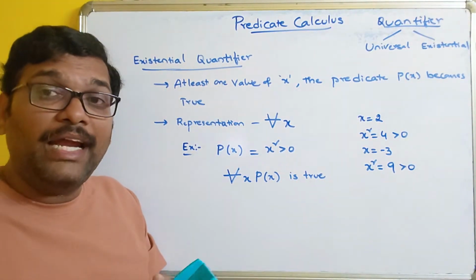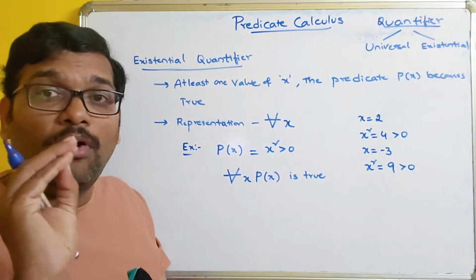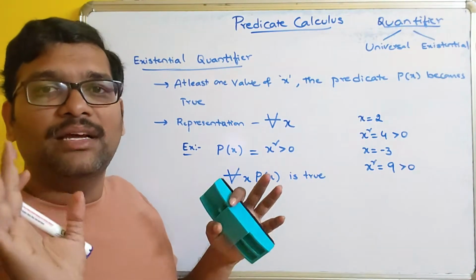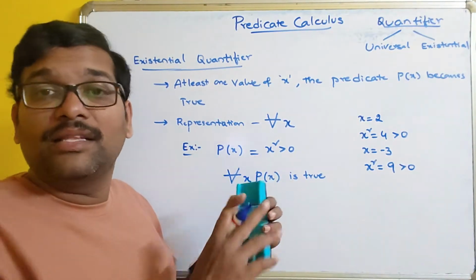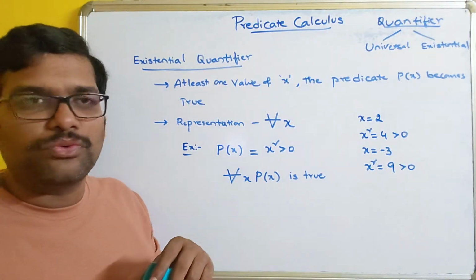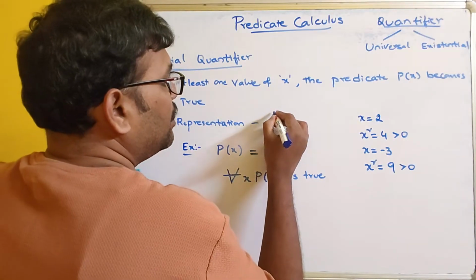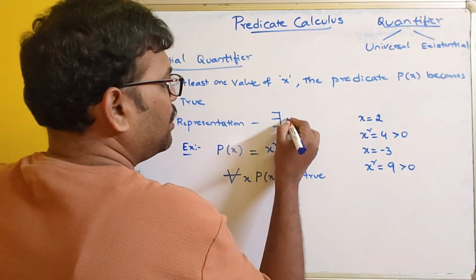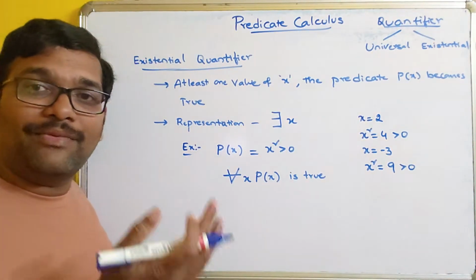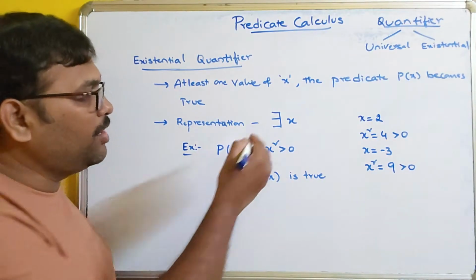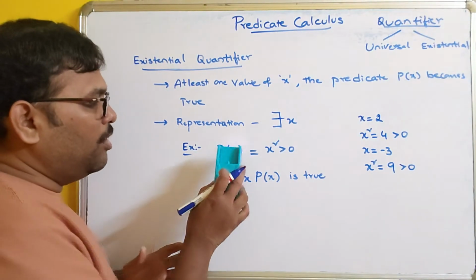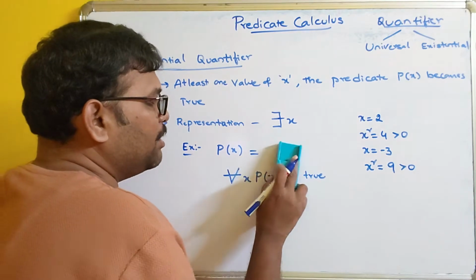Not for all, at least one. That means for some values of x, the statement or the predicate becomes true. The representation will be in the form of this one, the reverse of E.